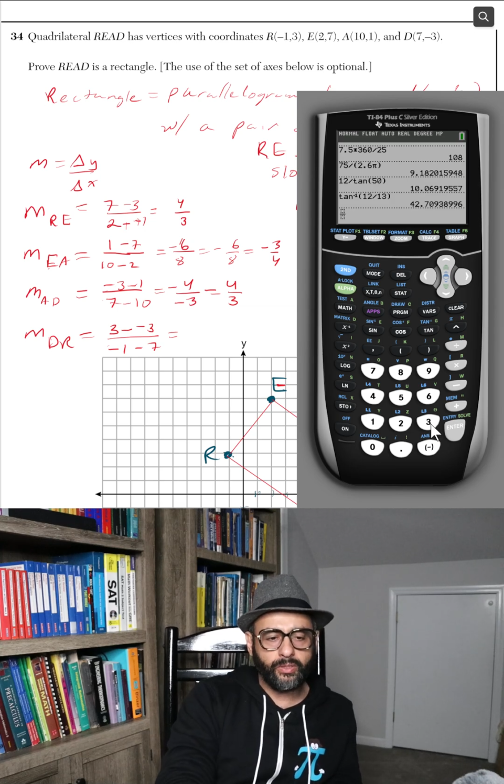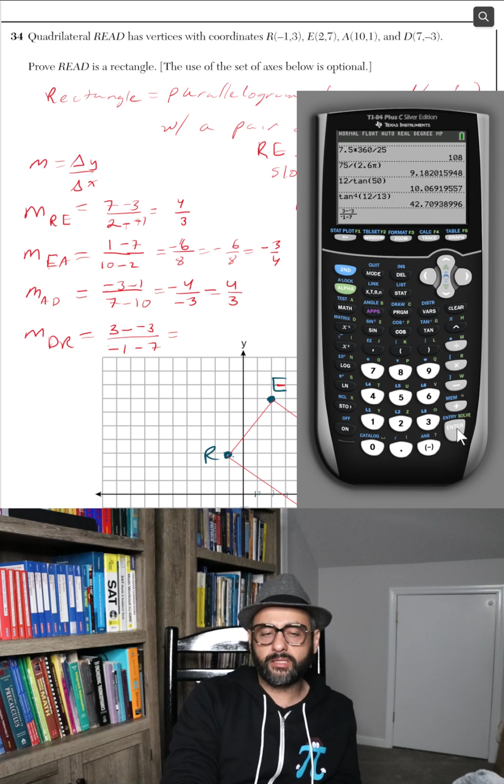If you do 3 minus a negative 3 in the numerator and then in the denominator, you do -1 minus 7. Oops. There we go. Okay. If you press the down arrow, it goes to the denominator. -7.